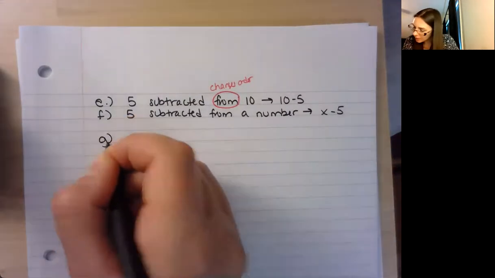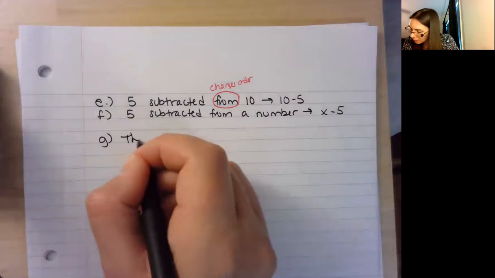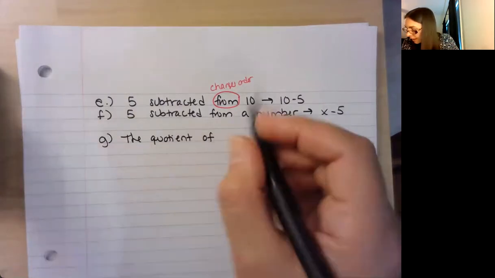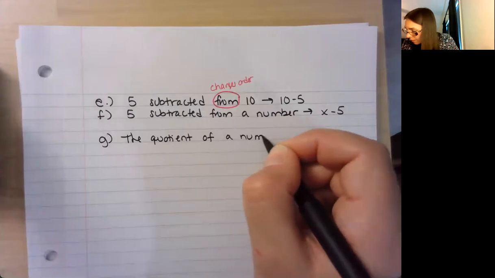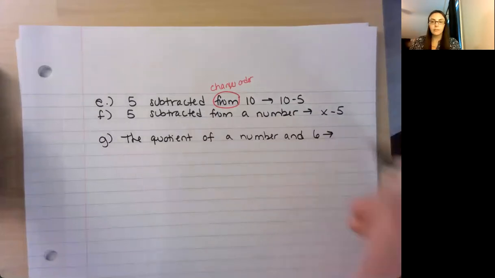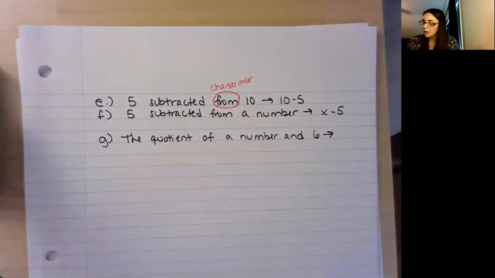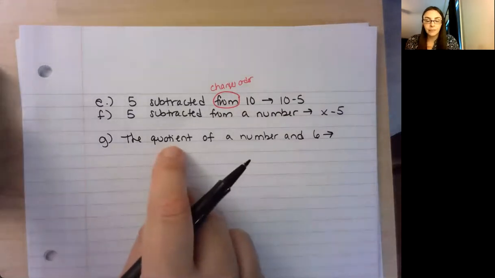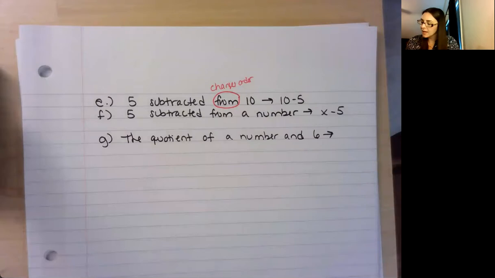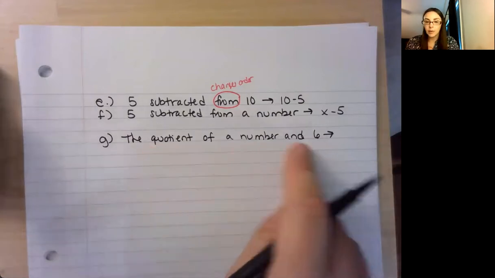Okay. How about the quotient of a number and 6? Quotient means division, and division is always in order. It's important that you stay in order. So if I say a number and 6, that means the number comes first.